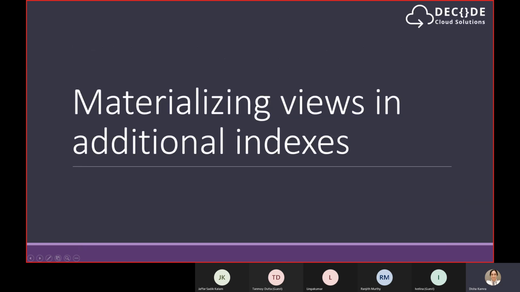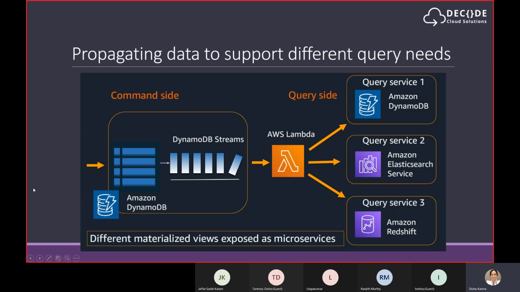So let's move into the next topic here. One of the very common patterns that we see for use of streams is materializing additional indexes and additional views in different technologies.